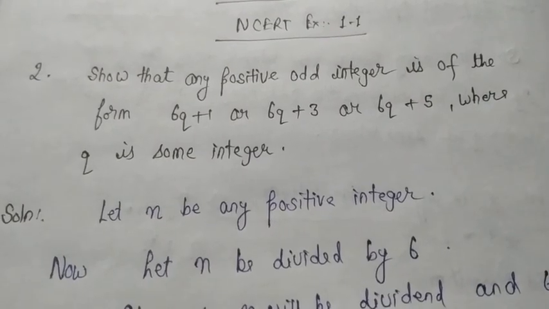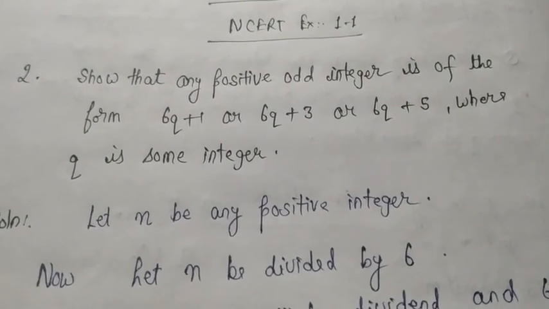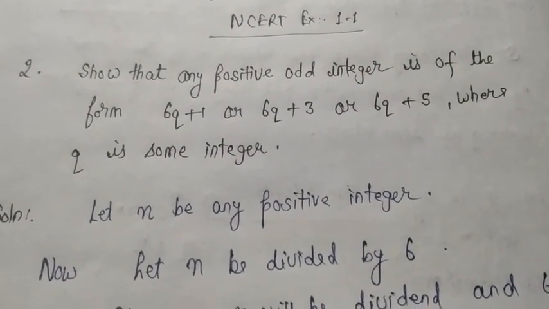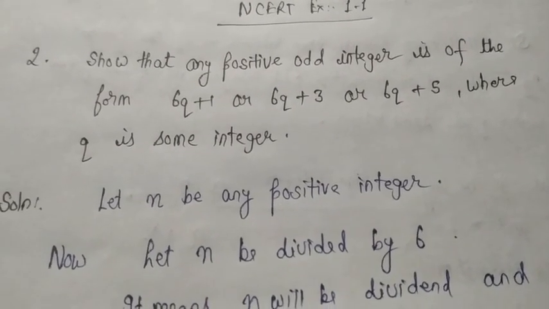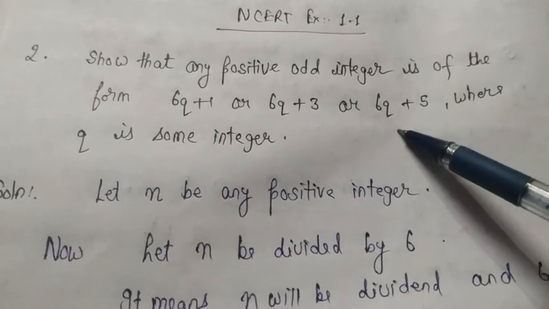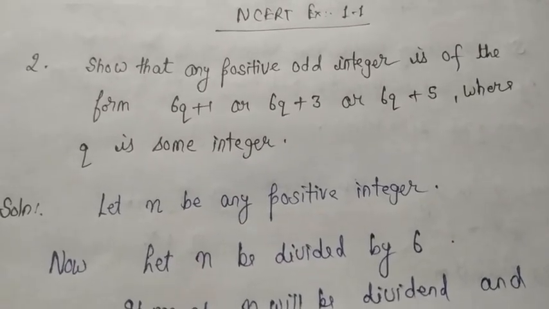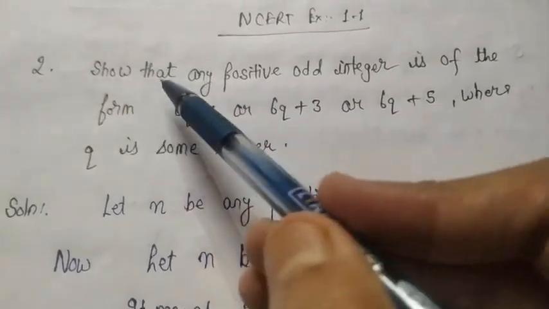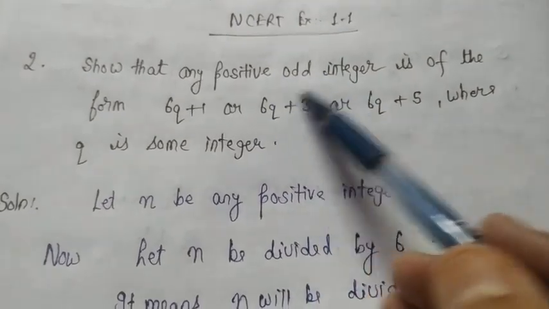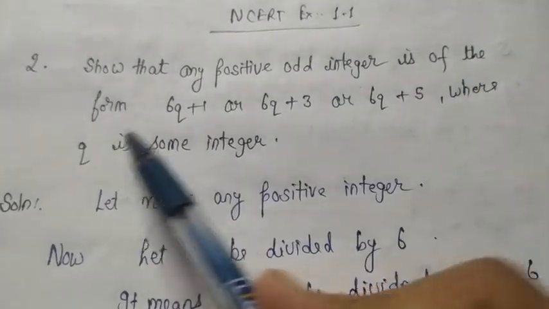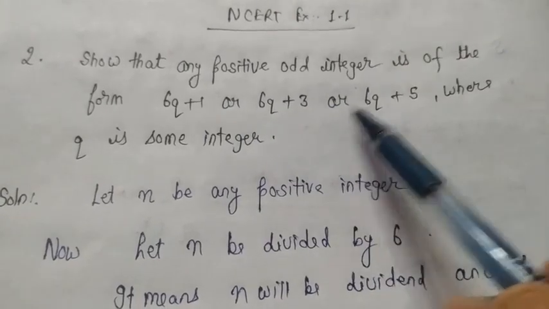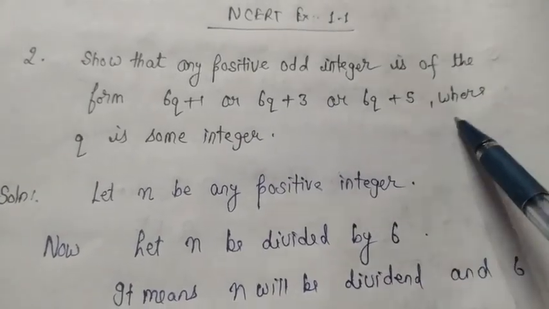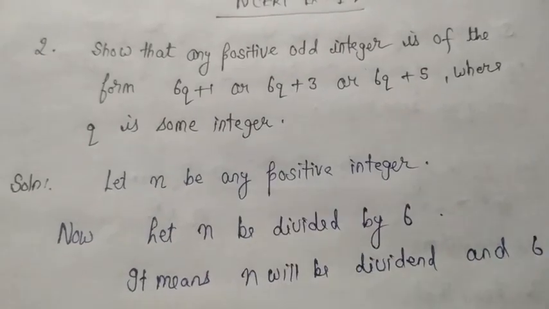Okay, now see this question again. This is the same question as I have explained in the previous question. Show that any positive odd integer is of the form 6q plus 1 or 6q plus 3 or 6q plus 5, where q is some integer.